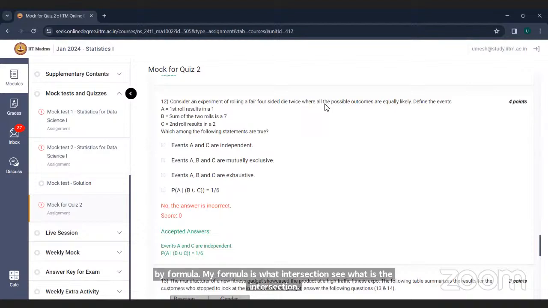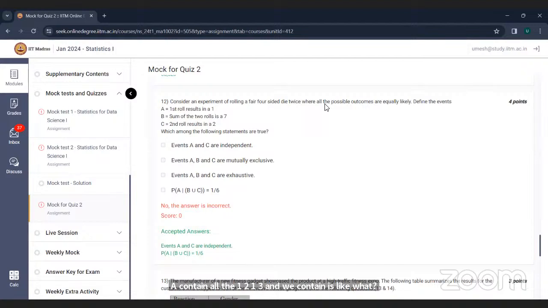A contains all the elements like 1 1, 1 2, 1 3, and C contains 1 2, 2 2, 3 2, 4 2. The intersection contains only the common element, which is 1 2, which will happen in both cases.